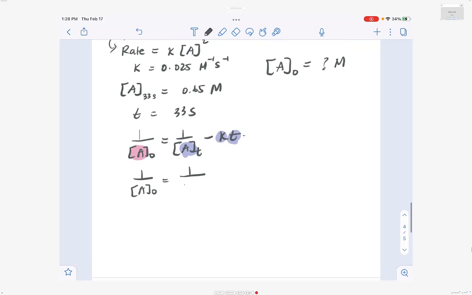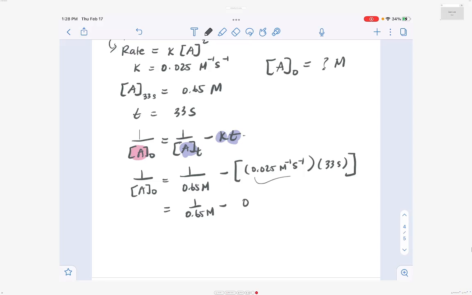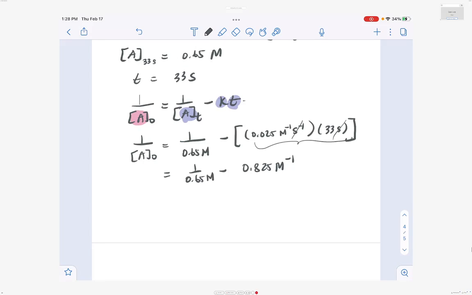The later concentration is 0.65 mole minus, the rate constant is 0.025, and the time is 33 seconds. If you do this portion of the math, you get 0.825 inverse mole. Second cancels.